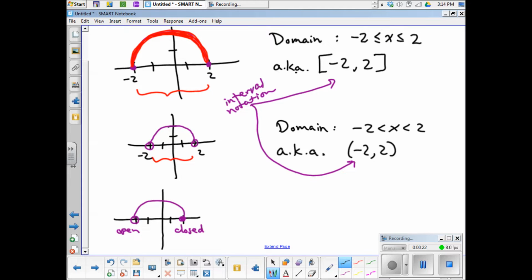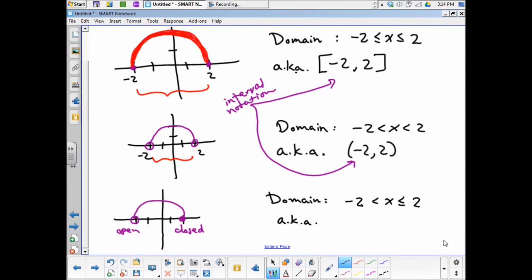Okay, so when it comes time to write the domain, we would say that it is between -2 and +2, including +2, but notice I left -2 as an open endpoint, so I did not put the equality on the inequality. How do you write this in interval notation? Okay, to write this in interval notation, you would write for the -2 a rounded parenthesis, and for the +2 a squared off bracket for a closed endpoint.